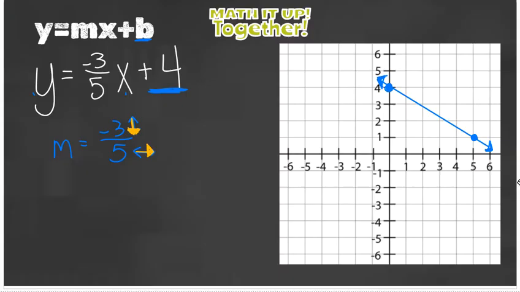So now we're going to do kind of the opposite of what we've been doing. I'm going to create a line here, and we'll see if we can write an equation for the line.